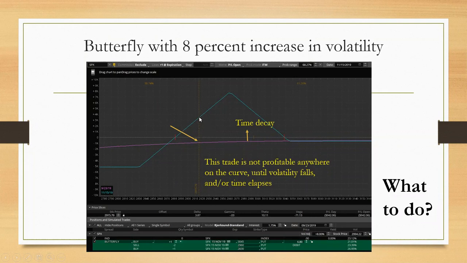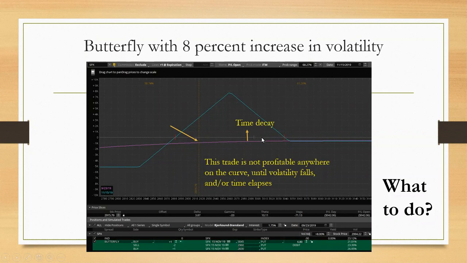We're still under the profit tent, and you might think, oh, it's going to come back or whatever. But what if the market continues to go downhill? At this point, you're already drawn down probably $1,000 on a $5,000 trade. So you have to make a decision. Do I stay in the trade? Do I exit and lose $1,000 plus?